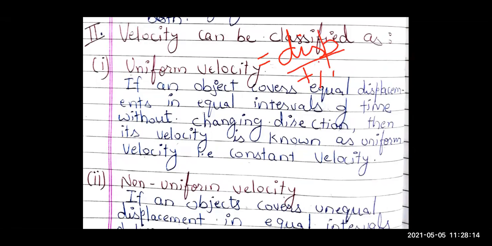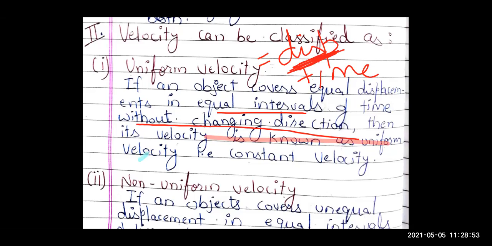So here the object is covering equal displacement in equal intervals of time, and velocity, as we know, is a vector quantity, so we need to tell something about direction also, and here the direction is not changing. So if a body covers equal displacement in equal time intervals without changing the direction, then the velocity of the object is called uniform velocity or constant velocity.